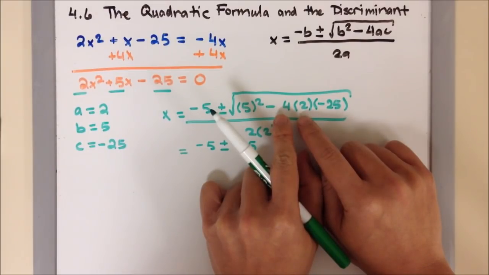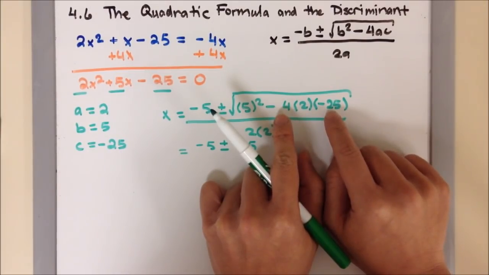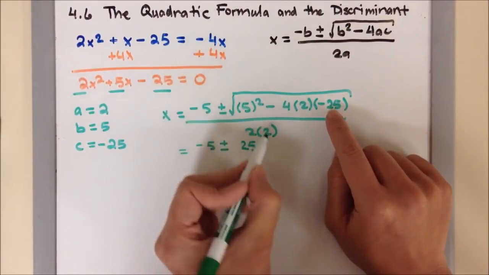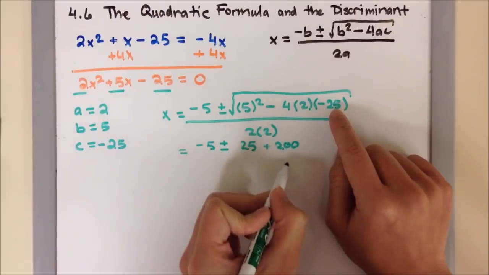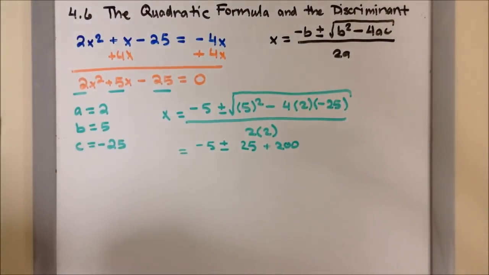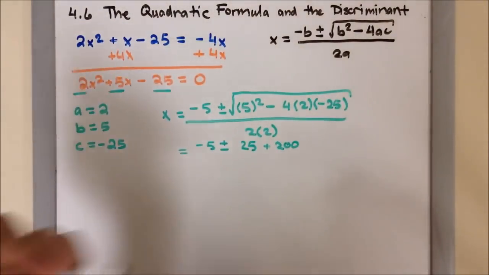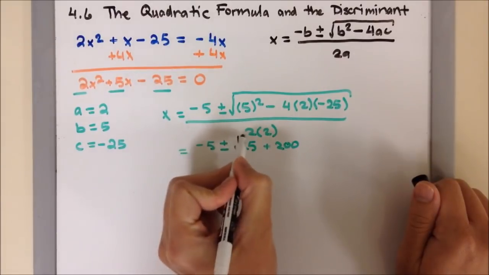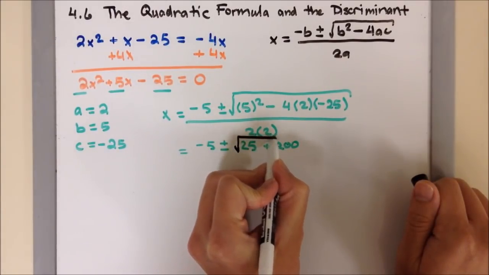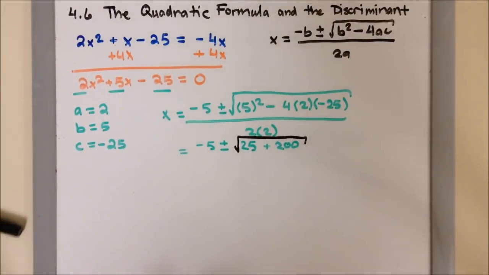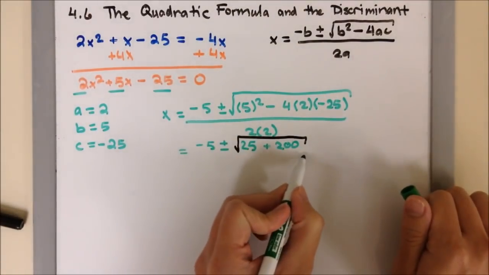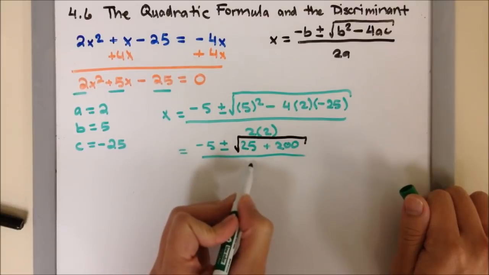And then negative 8 times negative 25, that's going to be positive 200. And then let me write my square root on this. So from there, I'm going to divide the whole thing by 4.